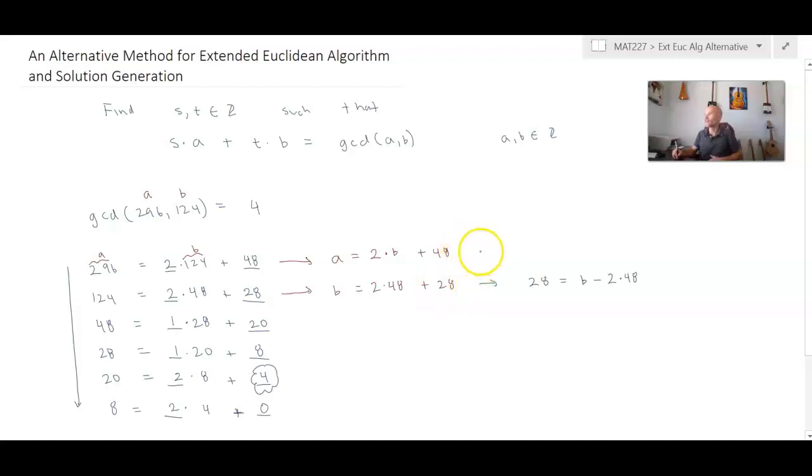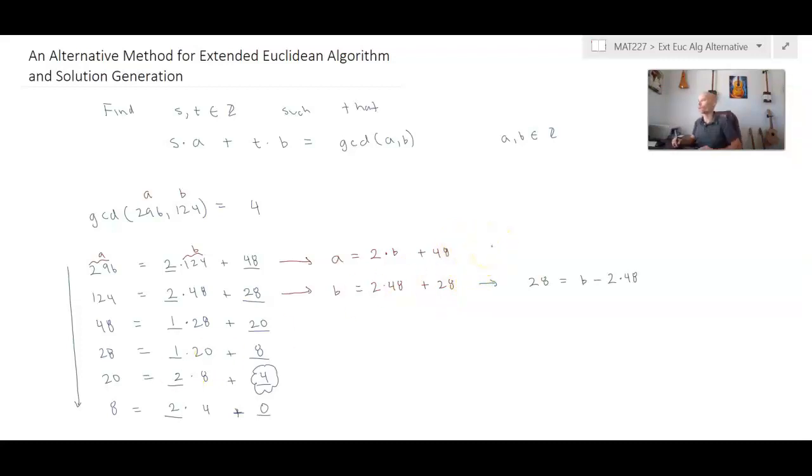In this first equation right here, we're going to write that 48, again, solve for the remainder, is equal to A minus 2B. All right, so that's the setup, the initialization. The first two lines of the Euclidean algorithm give you A and B, because once again, 124 is the value of B. And that's all the substitutions that we can make with our quantities.